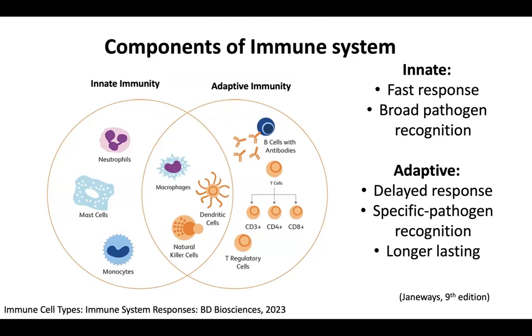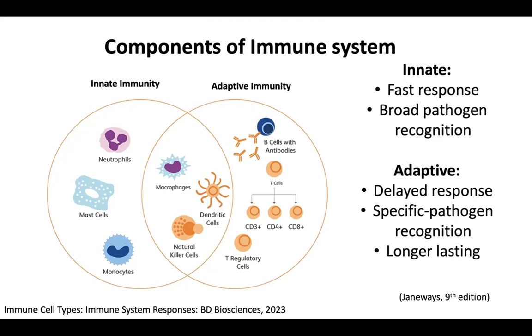It's not the first line of defense, and it takes longer to mount the immune response, but you end up with something more specific against the invading microbes, and it's also longer lasting. So it takes more time to invest in building up that immune response, but you have something that can be very effective against the pathogen.